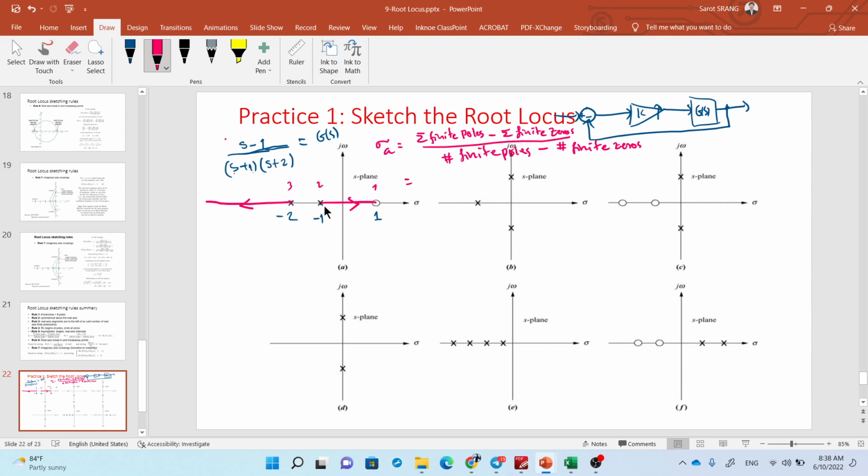So here for the finite poles we have minus 1, minus 2, right? And we have a zero, just 1. So minus 0, minus 1 like this. And then here is just 1.